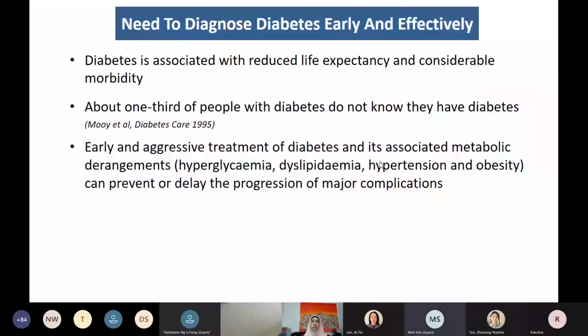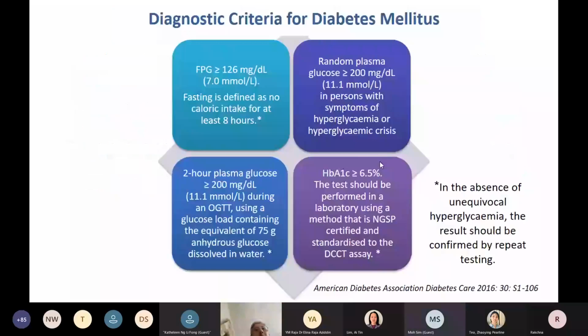There are 4 diagnostic criteria for diabetes mellitus. A patient is deemed to have diabetes if his or her fasting plasma glucose is equal to or greater than 7 millimoles per liter after a fast of at least 8 hours.